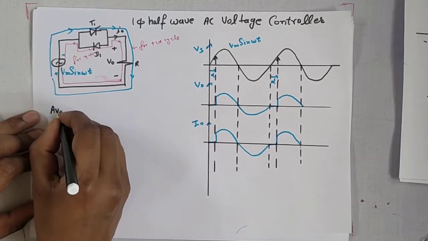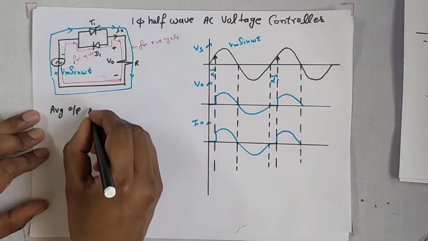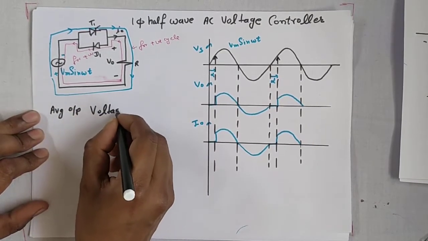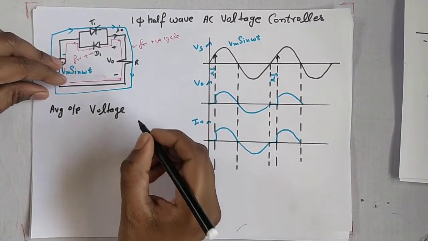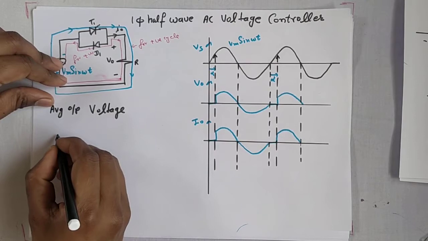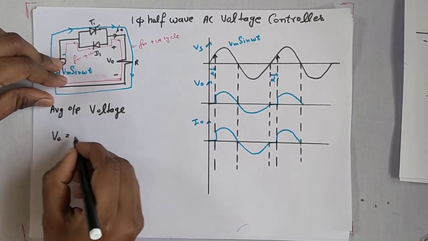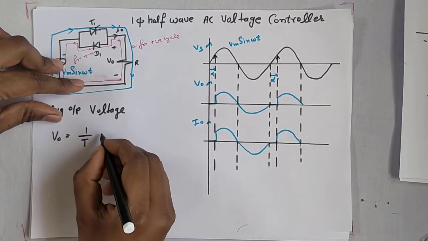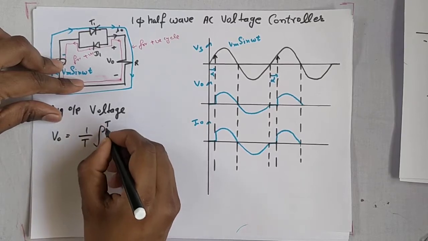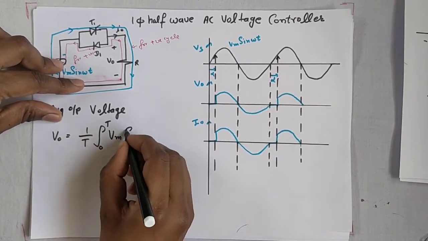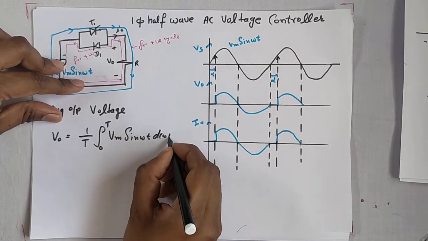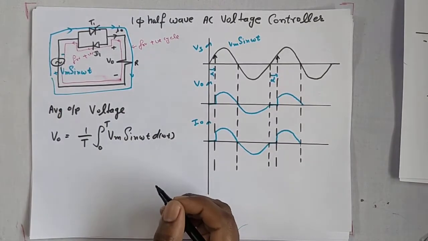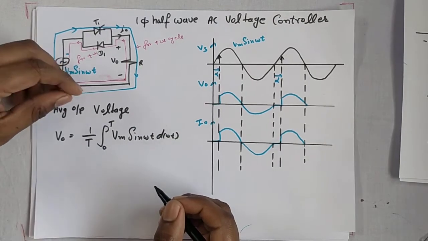Average output voltage for the single phase half wave AC voltage controller. The equation is V naught equals 1 upon T, integral from 0 to T of Vm sin omega t d(omega t). This is the conventional equation, with the help of which we find the average output voltage.